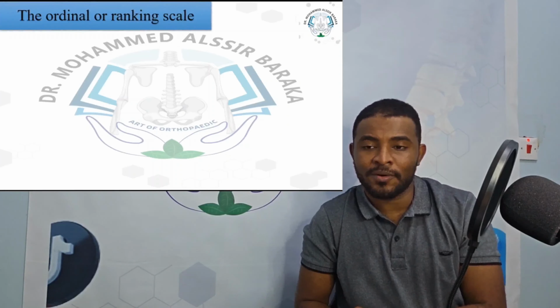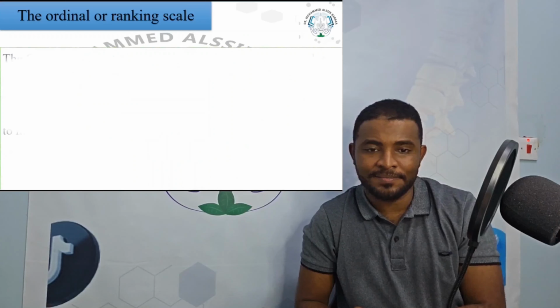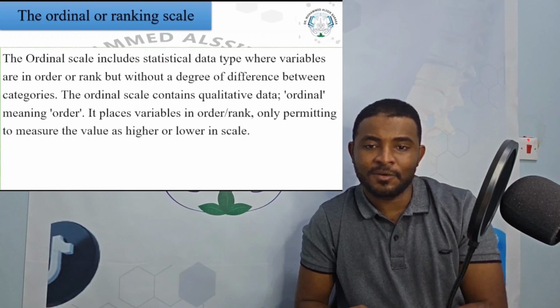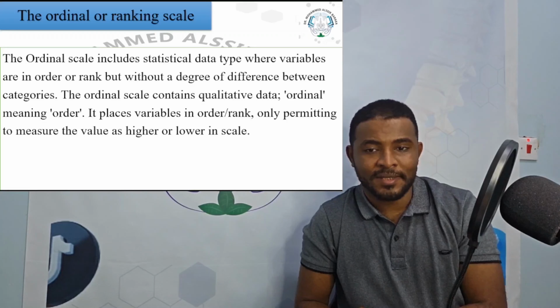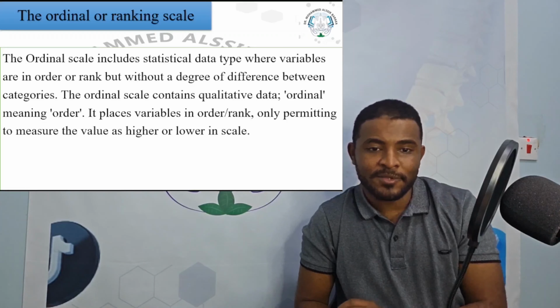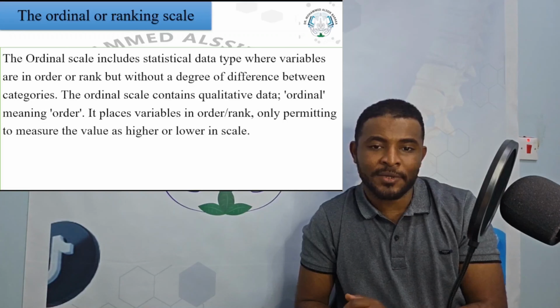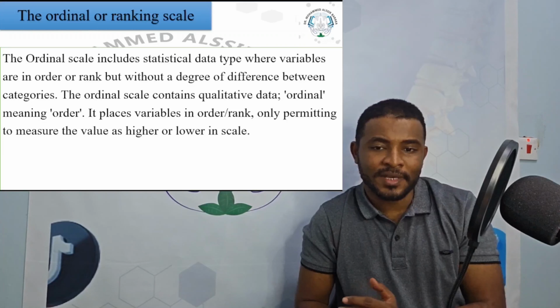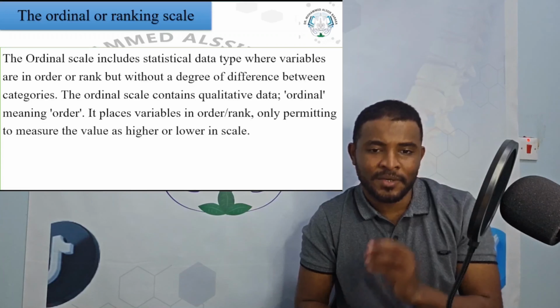The ordinal or ranking scale includes a statistical data type where variables are in order or rank, but without a degree of difference between categories. The ordinal scale contains qualitative data. Ordinal means the order.